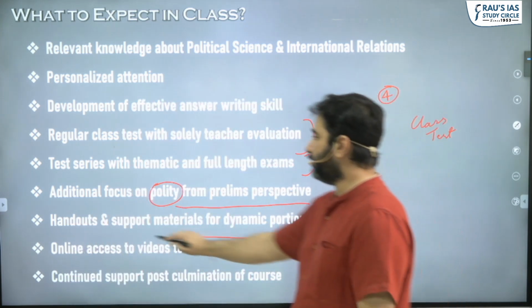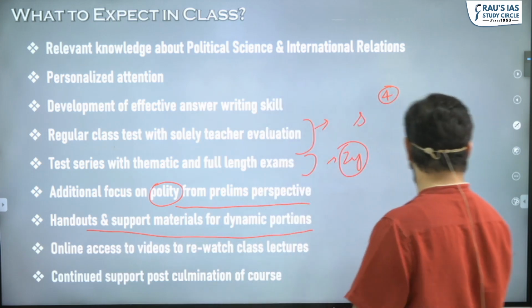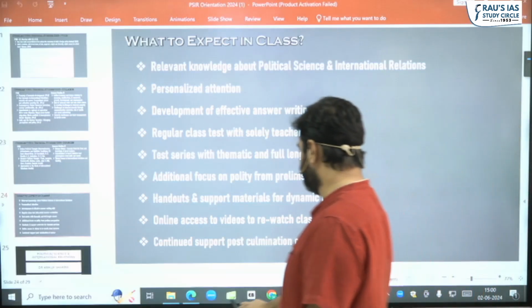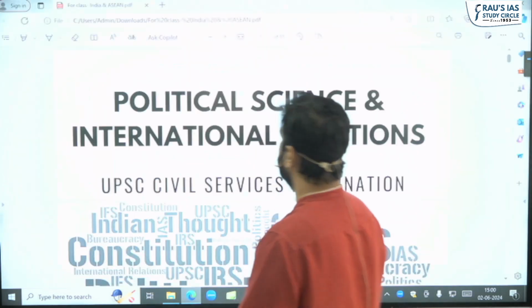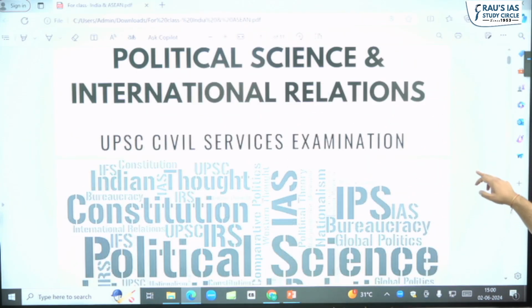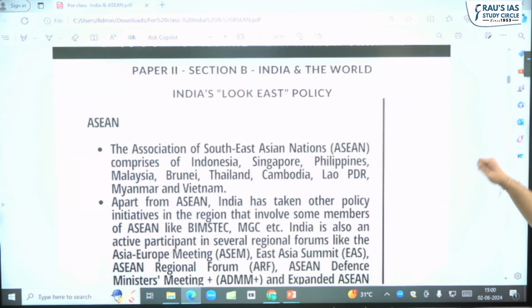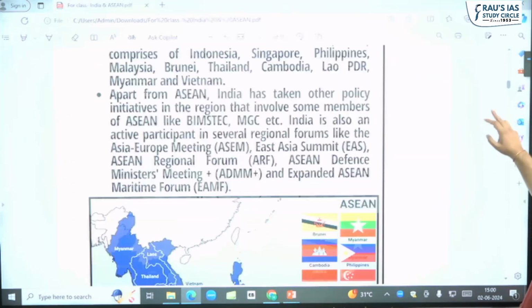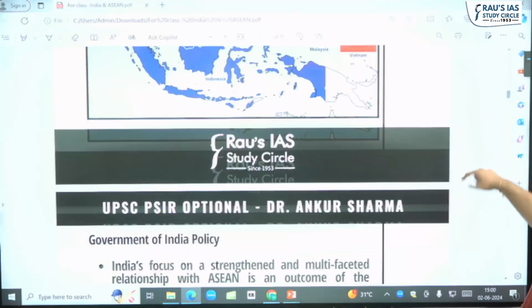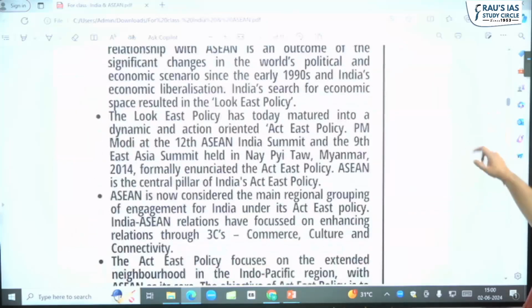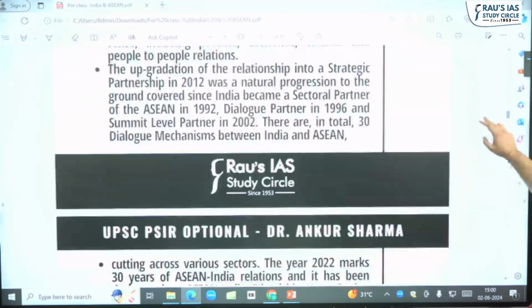Apart from this, handouts would also be given. Let me show you one of the handouts itself. I think some of you may have already seen this, but this is a handout for India and ASEAN. It has complete basic information, map work, what is the current government of India policy, plus it should also have thinkers.